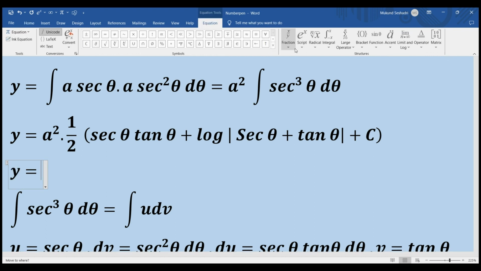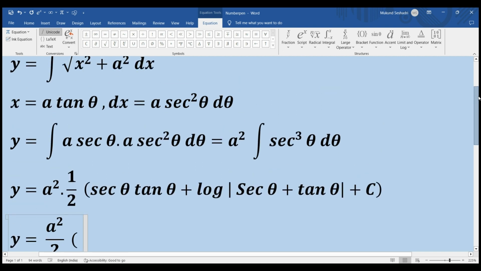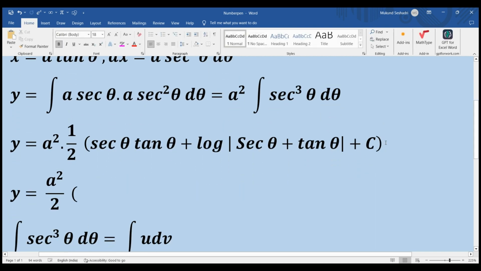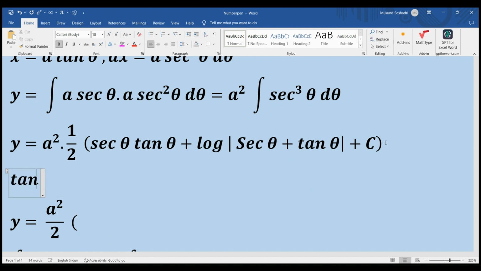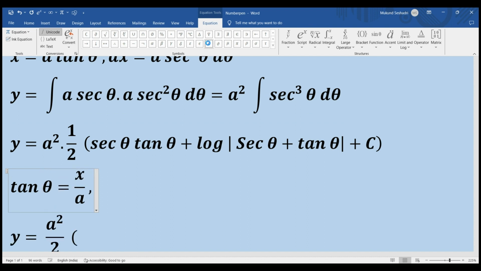The first part becomes a square by 2, and I open my bracket. I have a secant theta tan theta. So what is my tan theta? Let's write that down as an interim step. My tan theta is nothing but x by a, right? And if that's my tan theta, what is my secant theta? My secant theta will be square root of 1 plus tan square theta. And what is that?